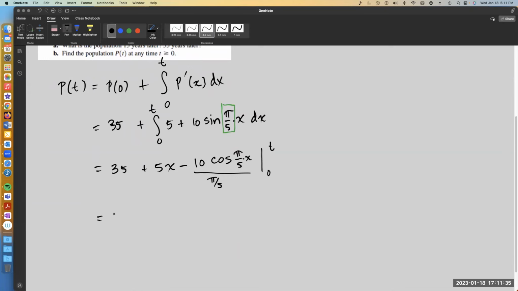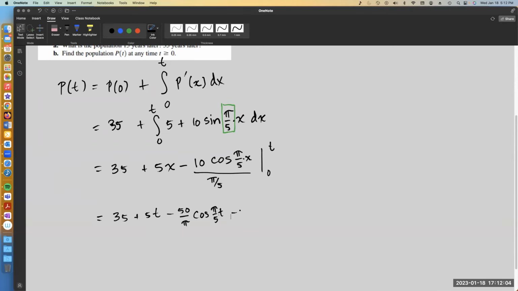First we're going to plug in, again, the antiderivative. The 35 is out in front, not part of the antiderivative. So first we plug in t into this whole thing, and we get 5t. Let's simplify these constants. 10 divided by pi over 5, we multiply by the reciprocal, so we get 50 over pi, cosine of pi over 5 times t.